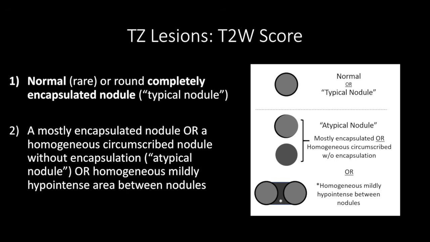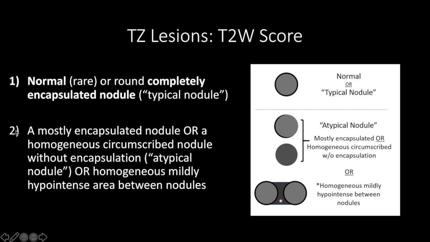Okay, so in PI-RADS version 2.1, typical BPH nodules are also included as lesions that are scored as a T2 weighted score of 1. Okay, and this is specifically referring to BPH nodules or nodules in the TZ that are encapsulated or completely encapsulated. And so this is a T2 dark rim that you're going to see all the way around the nodule, and it's going to look something like this schematic over here.